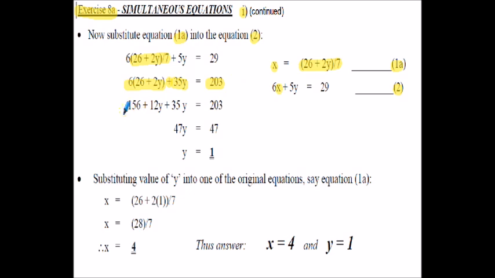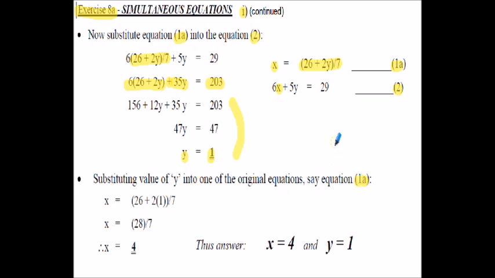All I do now is expand my brackets, collect my terms together, and rearrange to find y. So I'll let you wander through those few lines here, but you should find that y in this case is equal to 1.